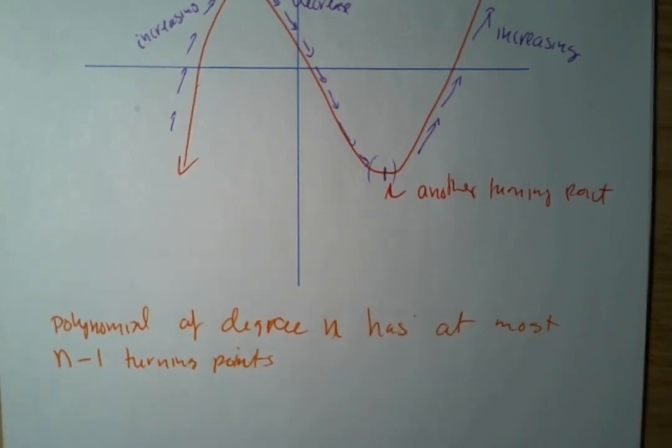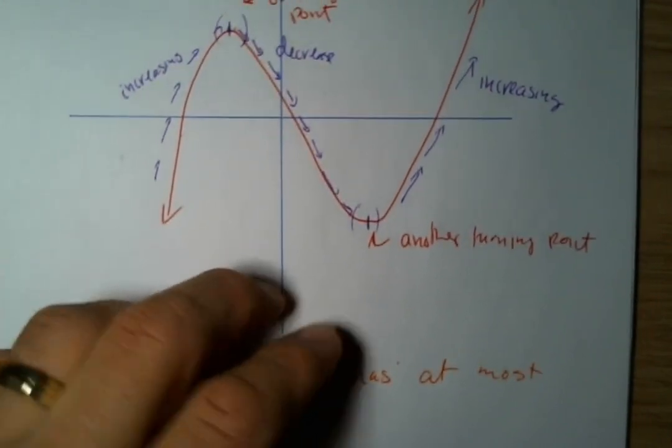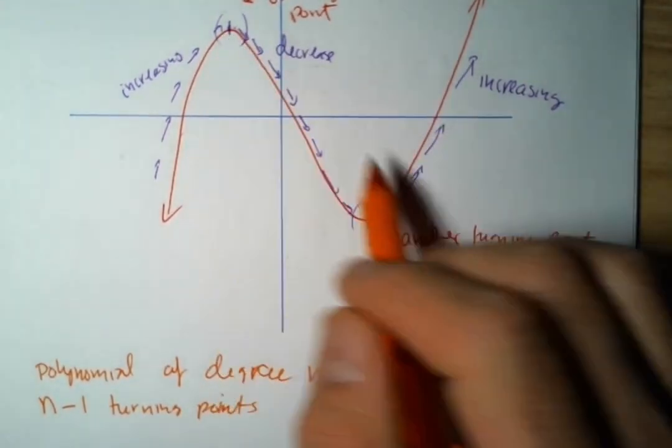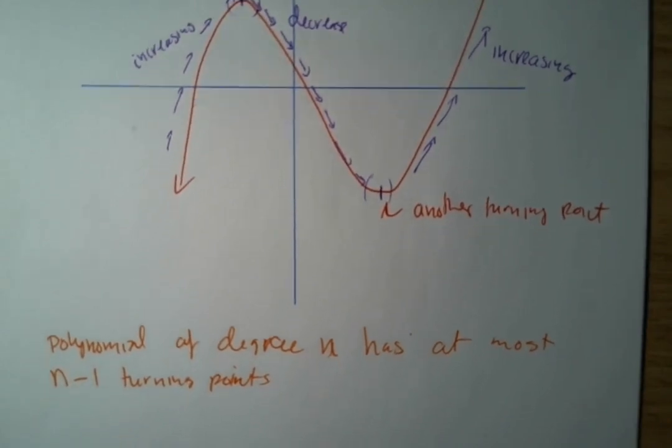So for this cubic, degree 3, it had, in this case, exactly 2 turning points, this one and this one.